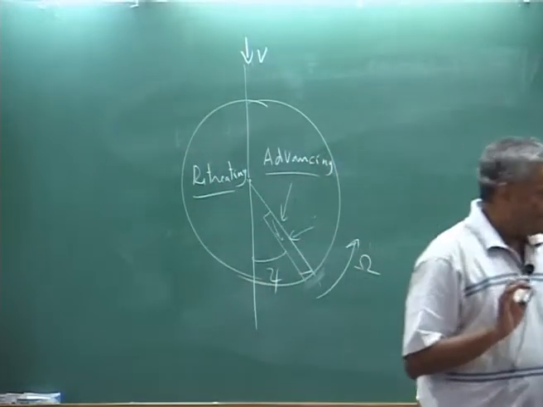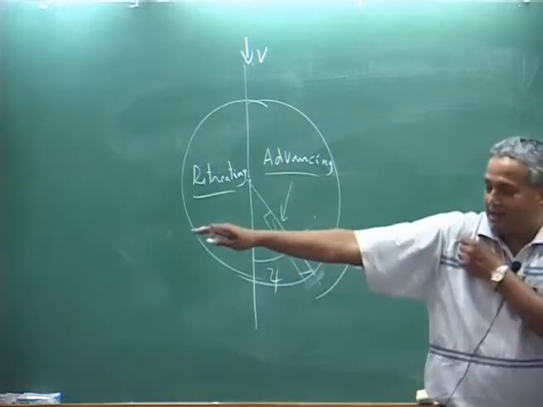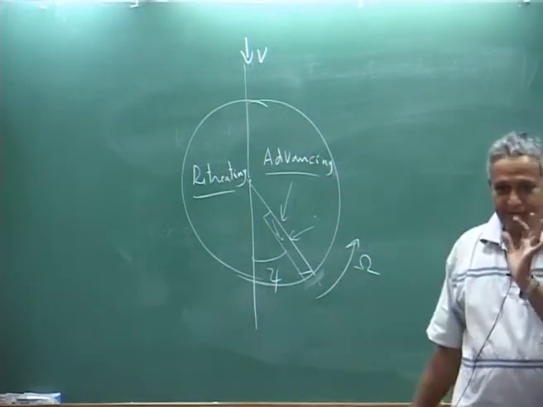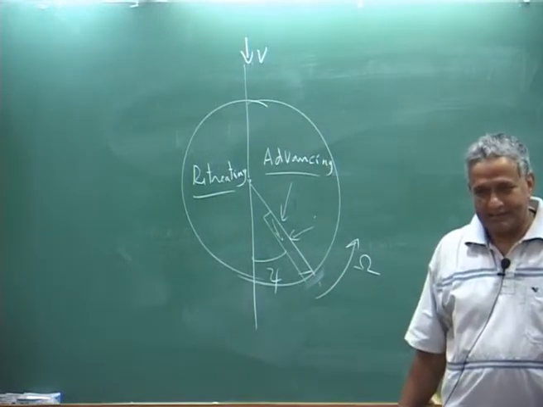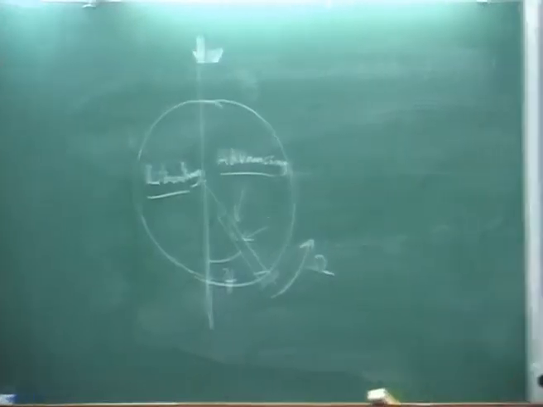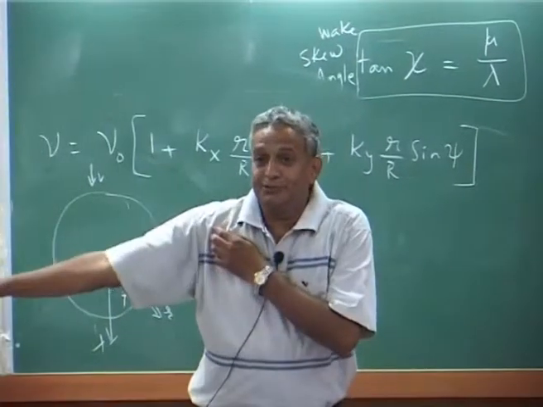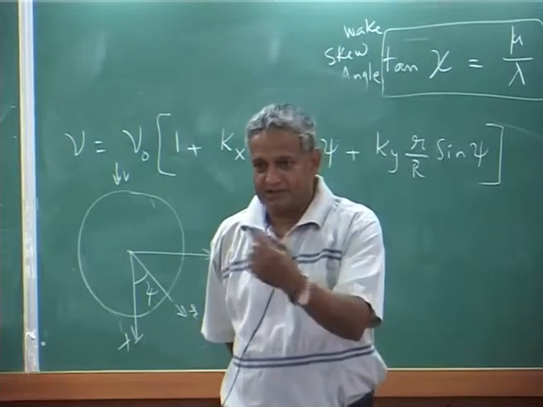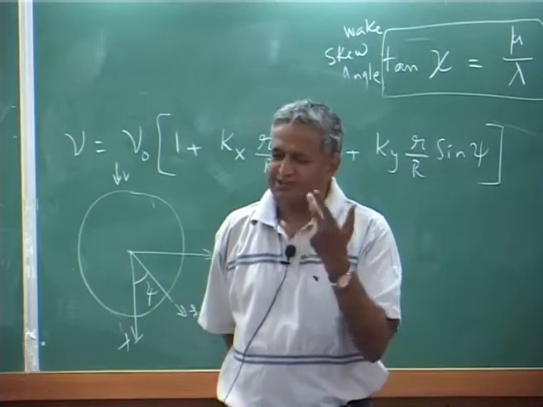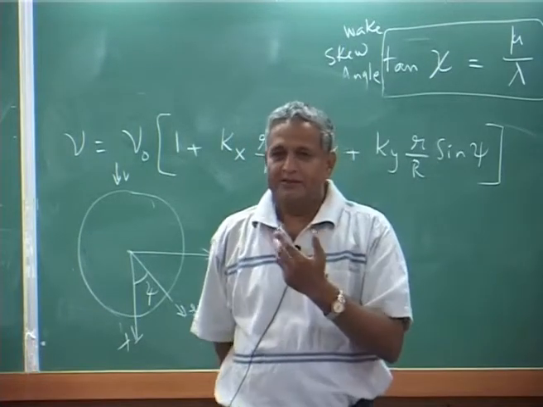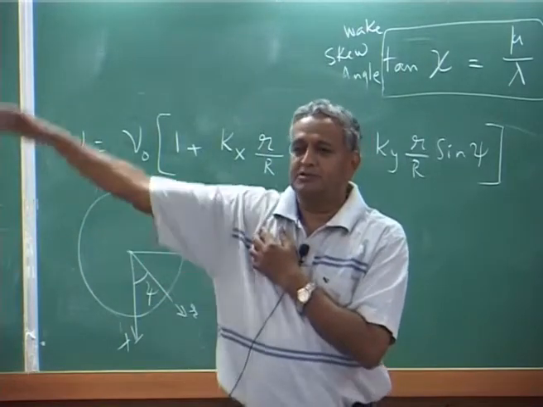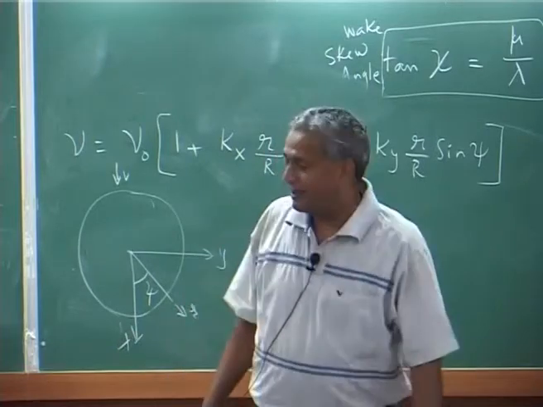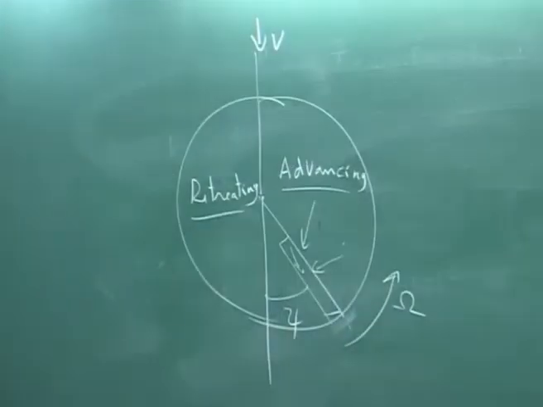When you say flap, that is the out of plane motion of the blade, only out of plane motion. Okay. Because the load is periodic, you expect the flap motion is also periodic, but we will call the flap motion by the symbol beta.